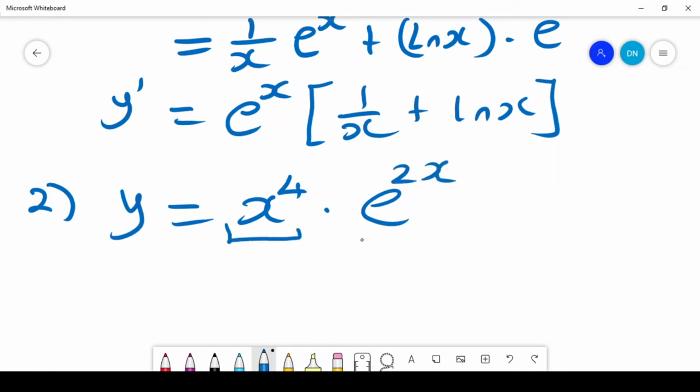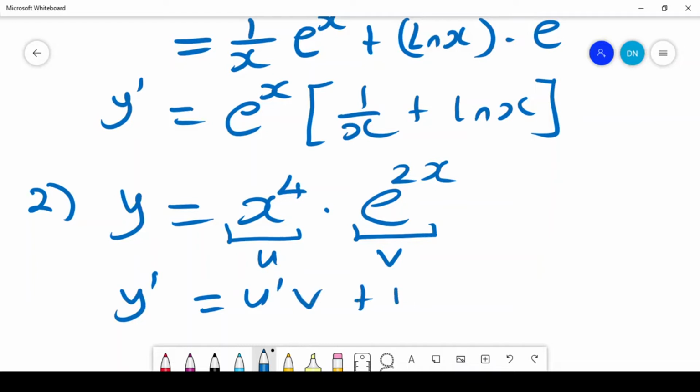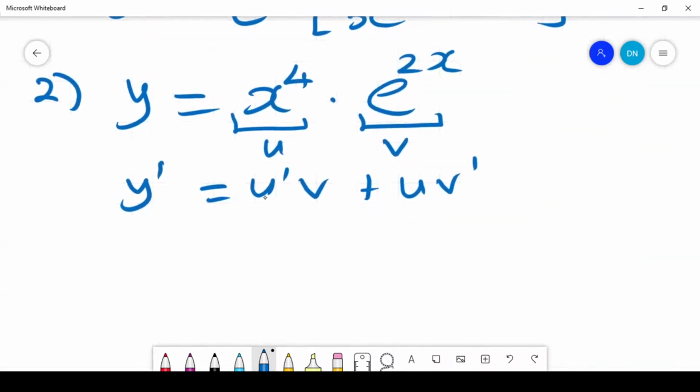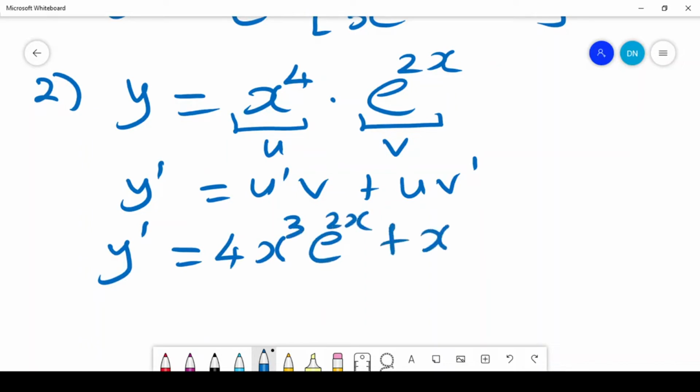Again, I separate it into two as u and v, and therefore y prime is u prime v plus u v prime, meaning u prime is the first derivative of u with respect to x, so I'm referring to that as my u. So my y prime will be 4x cubed e to the 2x plus x to the 4 times 2e to the 2x.